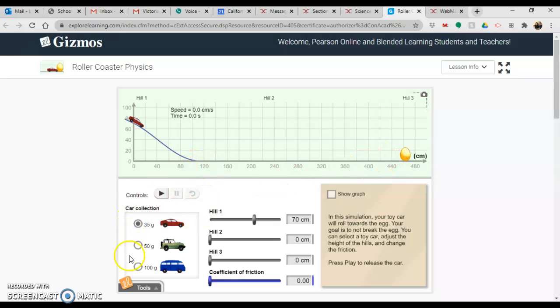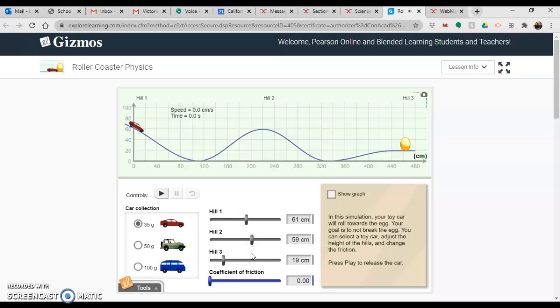So you can build different hills if you want, you can play around and you can also make the hills taller. The hills can be steeper or less steep, either way.